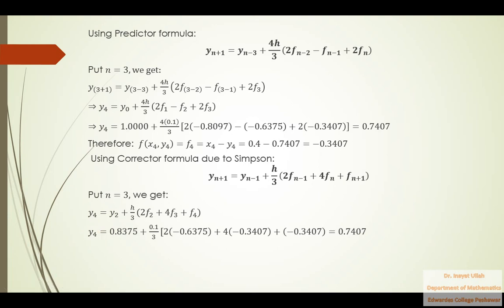Now just look at these two values of y4. This is the value of y4 obtained by using the predictor formula, and this is the value of y4 obtained by using the corrector formula.